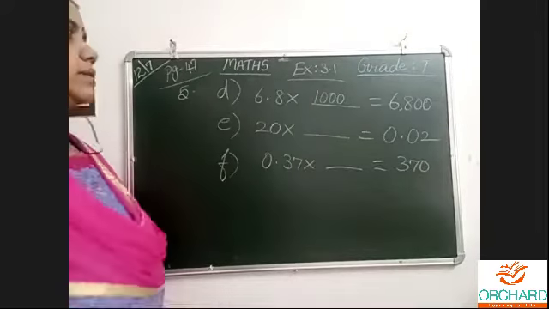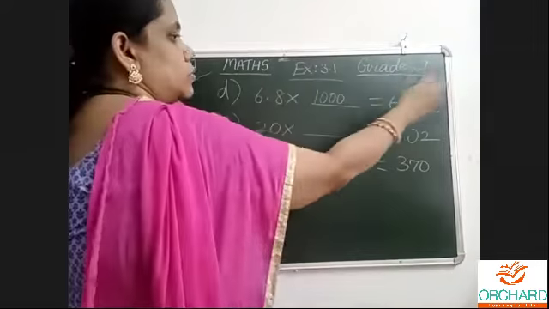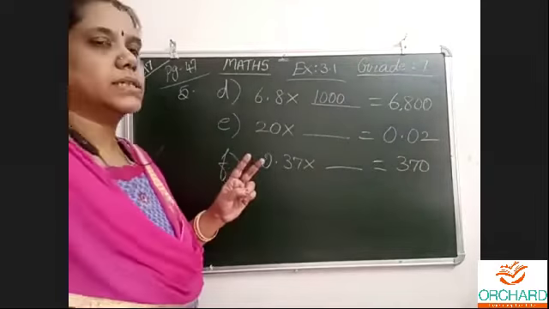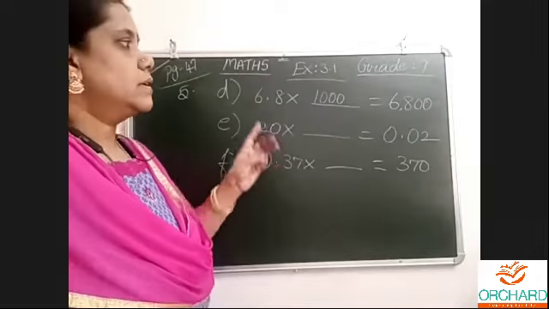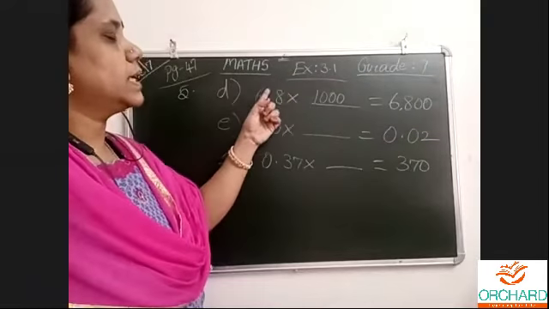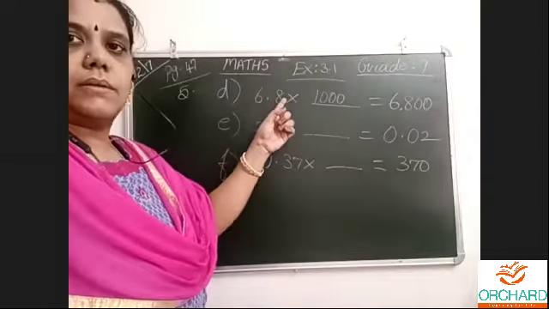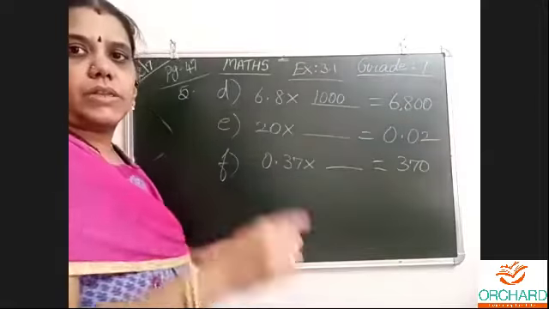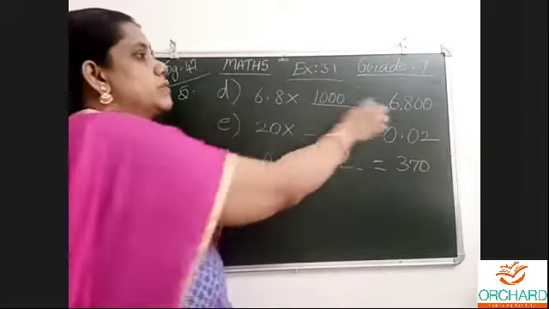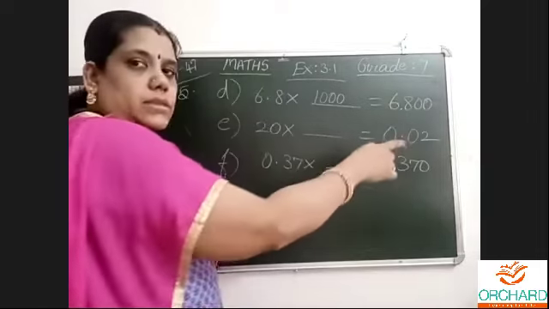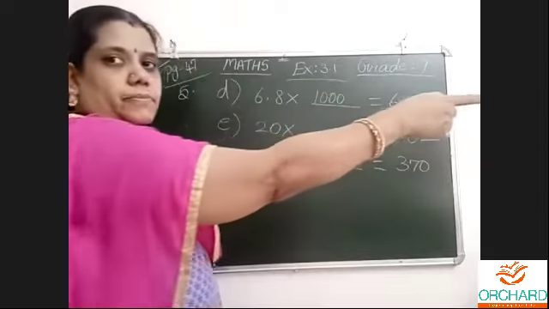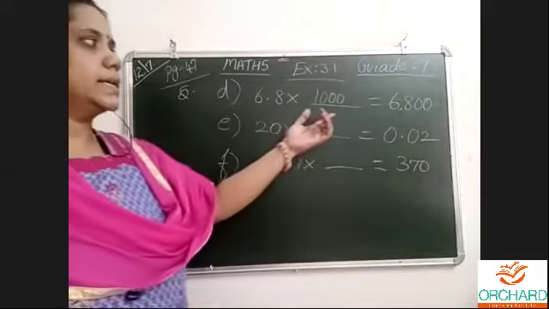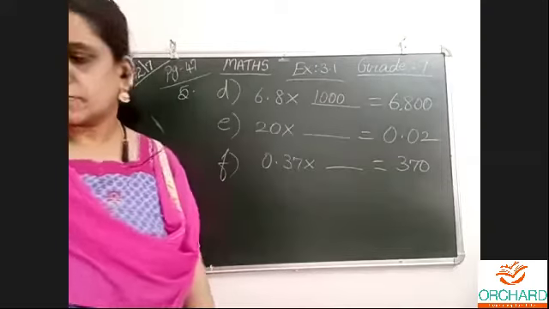Multiplying by 1000 will make the point move 3 places. Multiplying by 100, 2 places; 1000, 3 places. Here alone we can say just this point, but here they have given 6,800. So 2 more zeros are there and the point went after that. So 1000. That is the reason we write 1000 here.